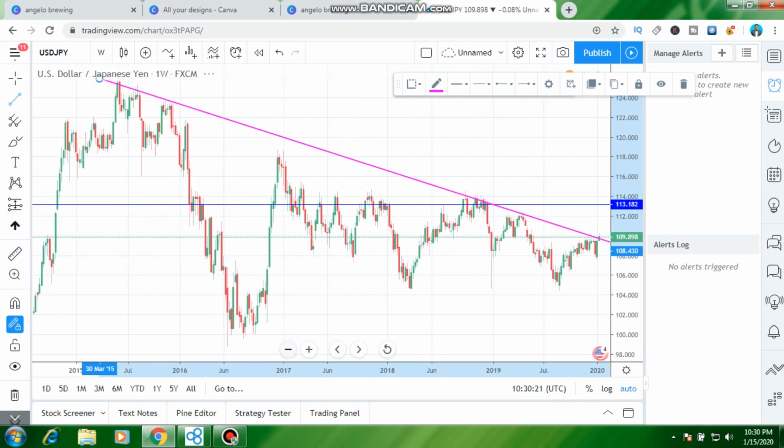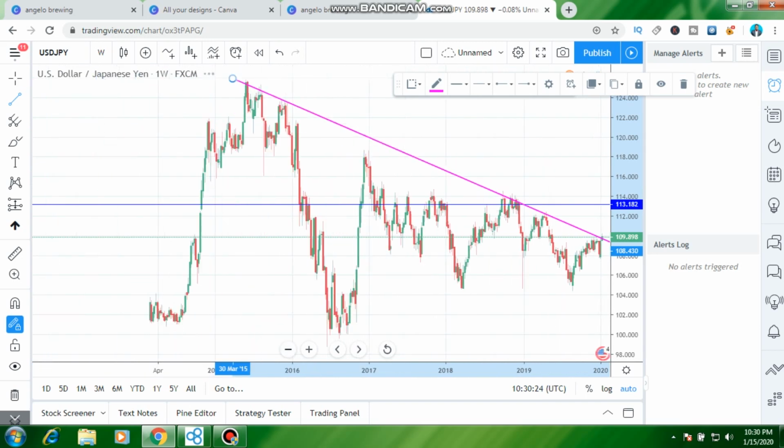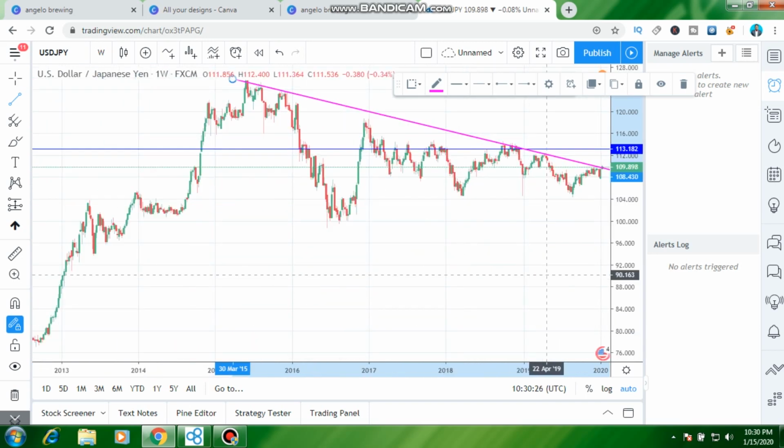You see that the trend is still the same on the weekly time frame. Can you all catch that? On the weekly time frame, it is still on a sell trend. On the monthly time frame we saw a sell trend, and on the weekly time frame we are seeing a sell trend. So let's zoom out and see what is happening currently.